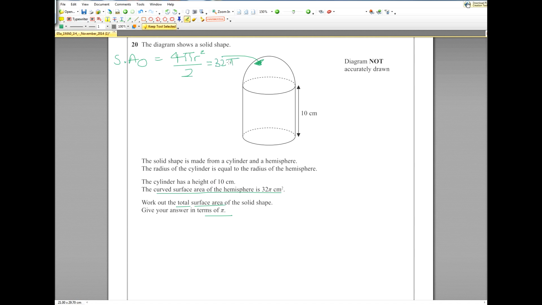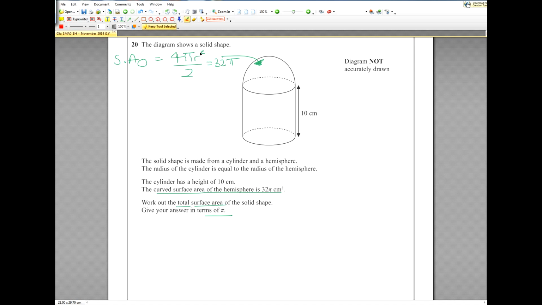Now, what do we need to work out from this information here? We need to work out the what value, because we don't know it from here. A radius, that's right. So first, we need to work out the radius.